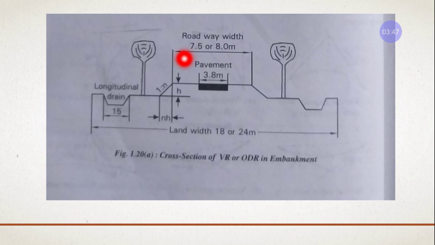It is 8 or 7.5 meters. There is a slope provided here, right? Then you have some margin provided for the growing of trees on both sides, and there are longitudinal drains on both sides. This typical cross section of the road is provided on the village roads or other district roads, right?